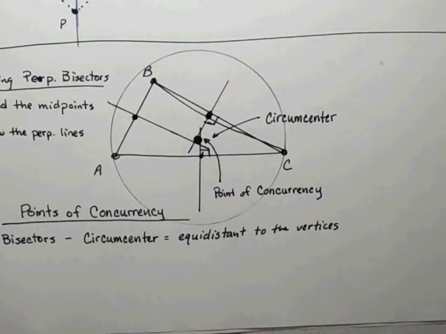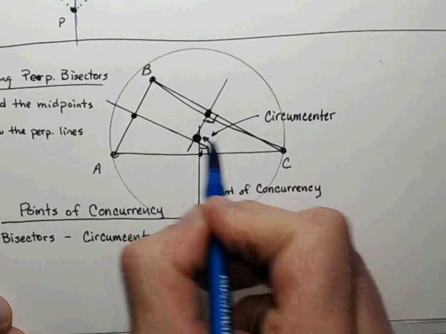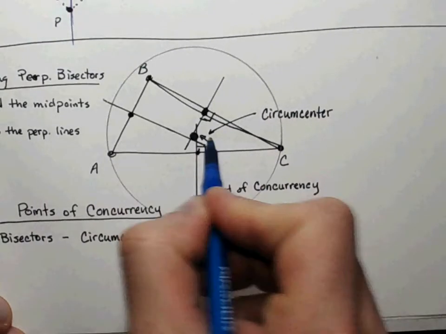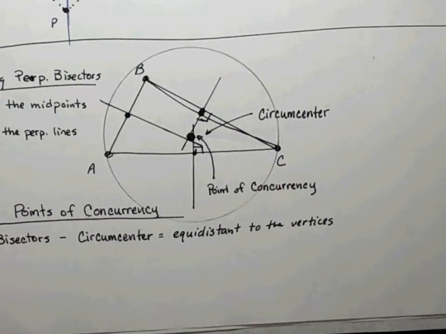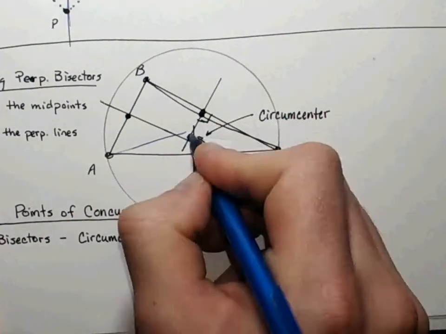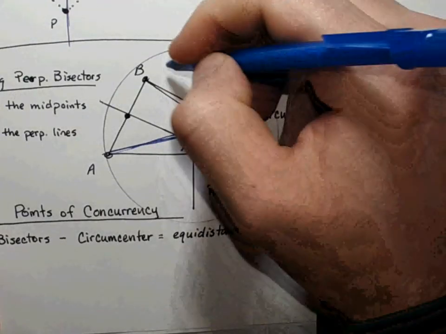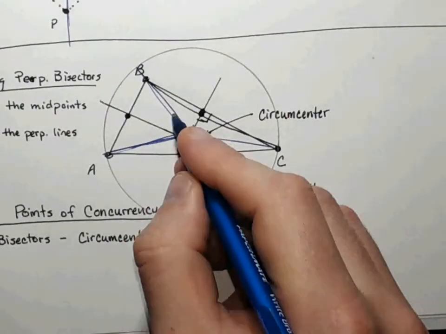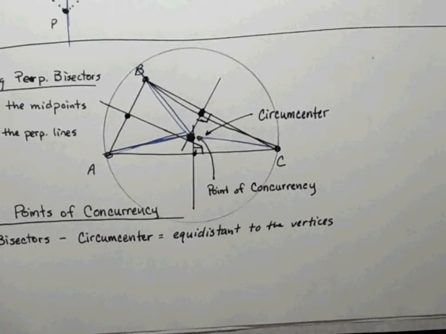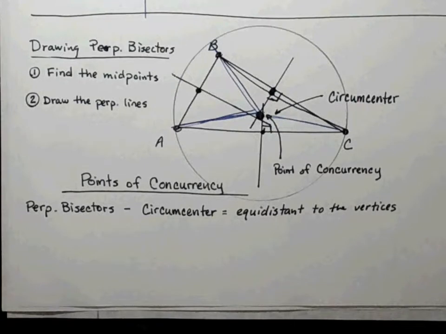So if I was to look at the distance from the circumcenter to point C, it would be the same as the distance from the circumcenter to point A, and then to point B also. All three of these would be the same distance. Right? So that's what the circumcenter is going to tell us.